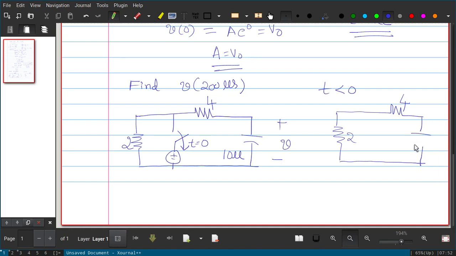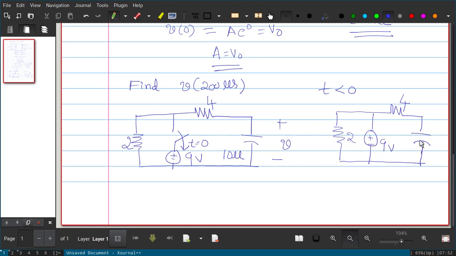I will write the capacitor like this, and this switch is closed, and this voltage I have not mentioned here, it is 9 volt. So before t equal to 0, the switch was closed for a long period of time, so it has already reached steady state.